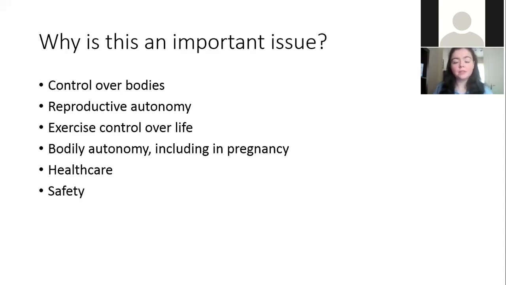So also, the regulation of abortion is important for safety, because whether or not it's legal, whether or not it's accessible, it's still going to happen. So there's a whole history of illegal, or what is commonly known as back alley abortions. So dodgy pills in the 1930s.